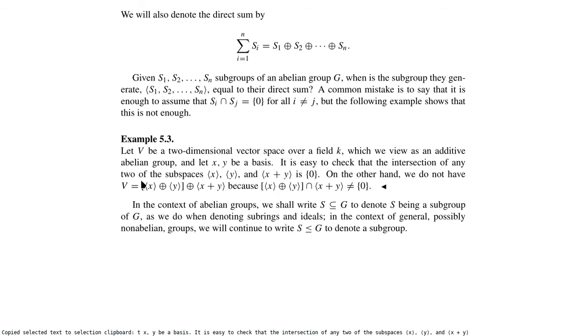If you first take the direct sum of x and y, and then the direct sum with x plus y, that does not happen, because this direct sum is not entirely disjoint with the subspace you generated from x plus y, right? So yeah, that's a counterexample to this.